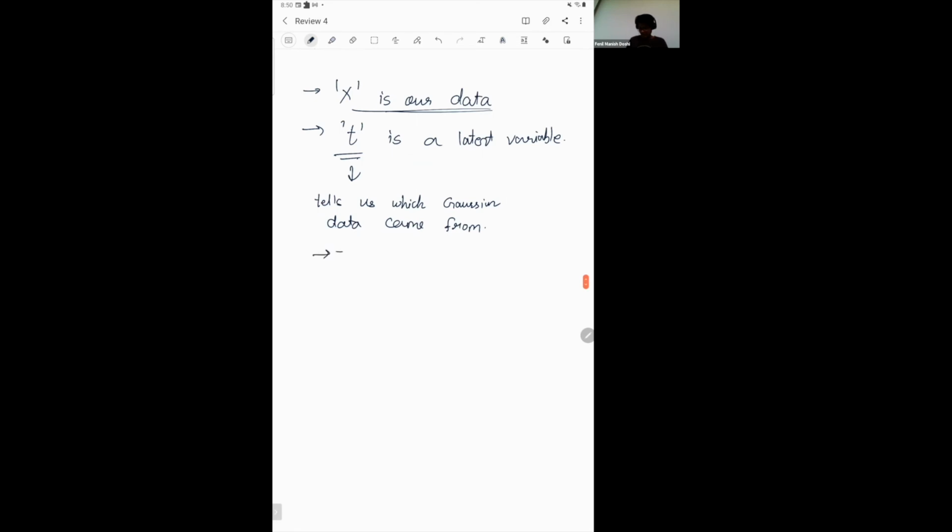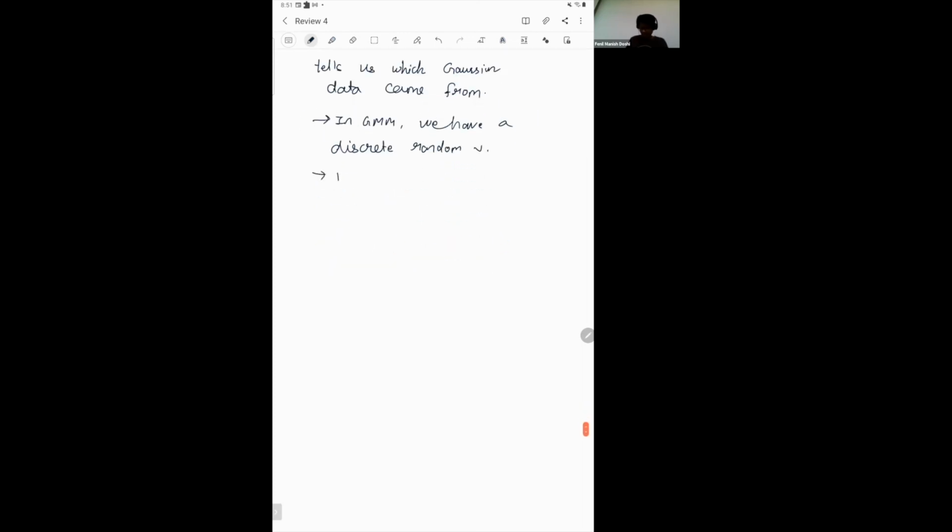In GMM, we have T as a discrete random variable, and it takes values from 1 to C. So if T is 1, then we know that the data point came from the first Gaussian.